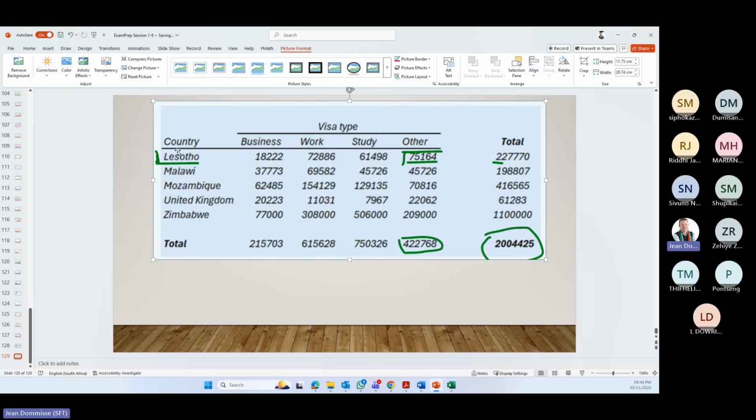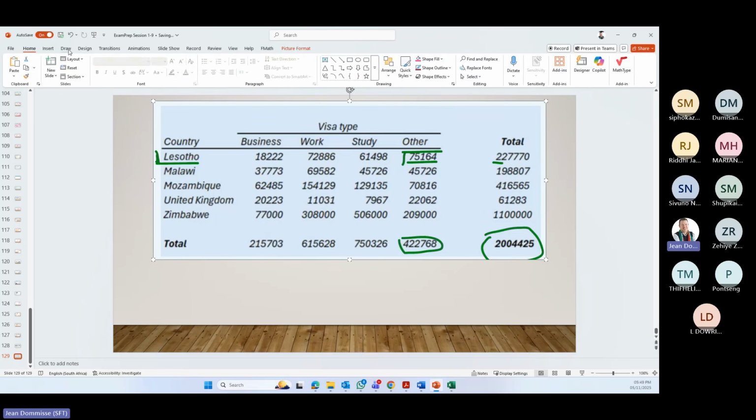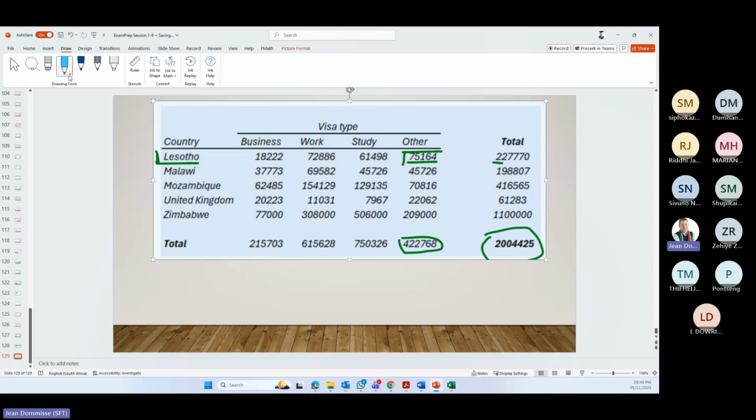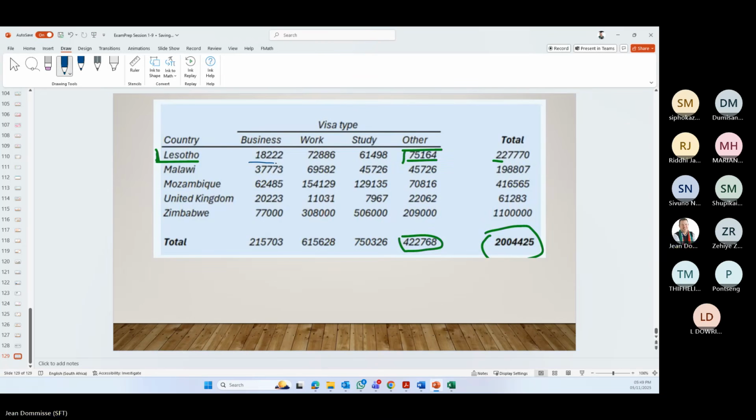So let's go to this data and say I want to know if Malawi and business are independent.